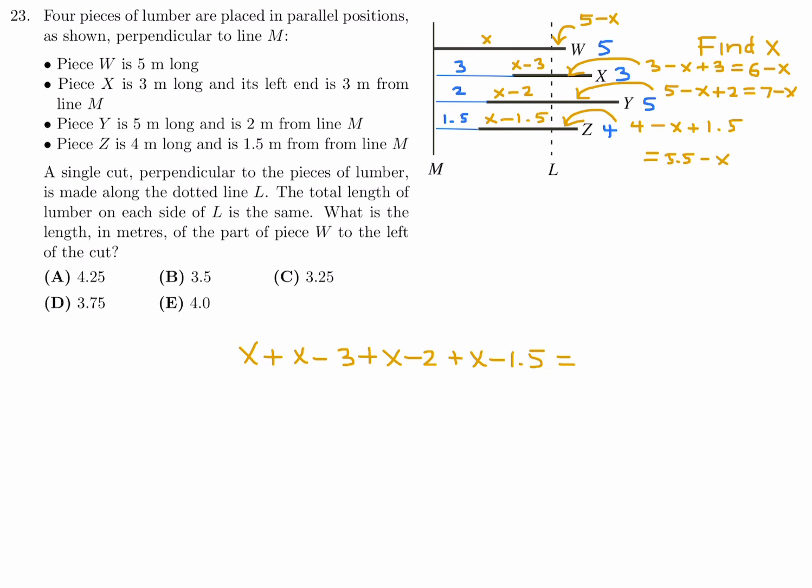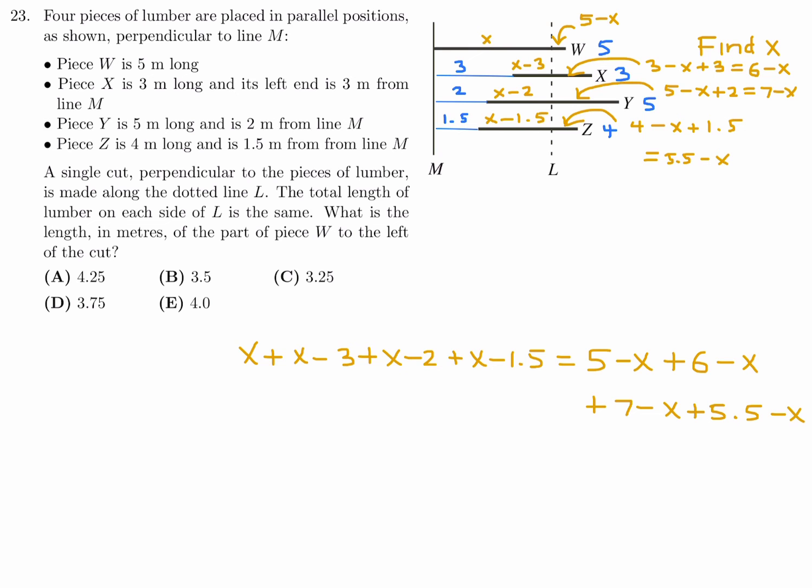And that is equal to what's on the other side, the right side. On the right side, we have this, this, this, and this. So let's add those up. 5 minus X plus 6 minus X plus 7 minus X plus 5.5 minus X.